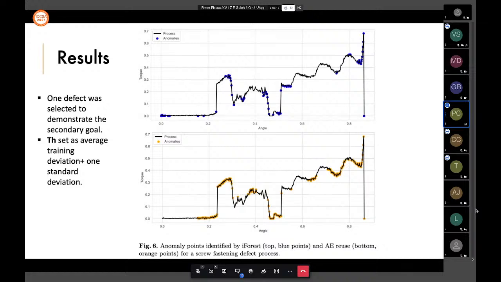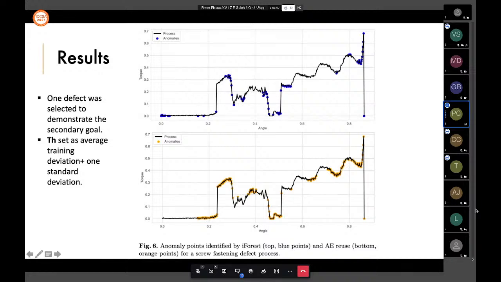But once we define the threshold, the method can automatically signal where within the curve there was an anomaly. And what is interesting is that in both images, although there are two different learning methods, both tend to select the same regions, which are typically regions of failure.